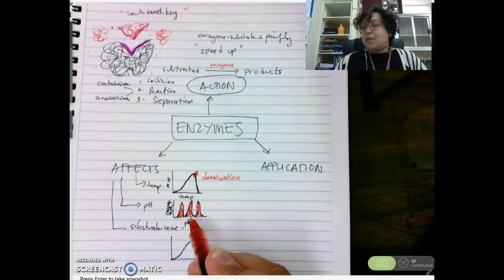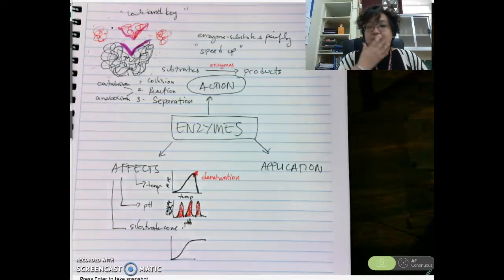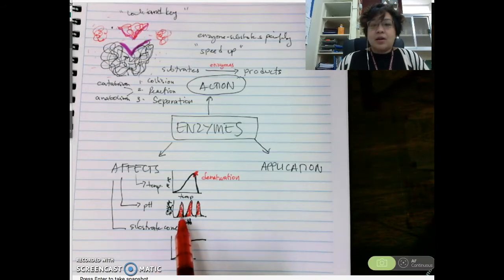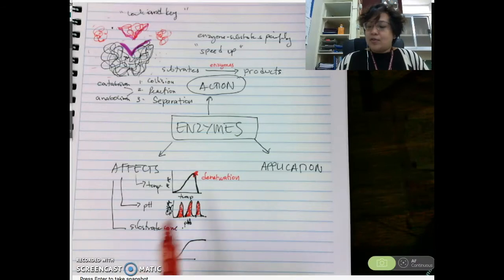Okay, so for example, in the mouth, the pH here is neutral. Your amylase enzyme from your saliva works best here in the mouth because it has a neutral pH. Or another example is in your stomach. So your stomach has an acidic pH. However, that pH environment is perfect for your protease enzyme.